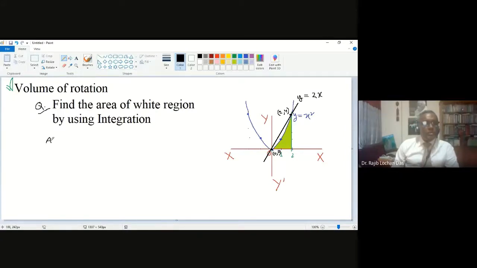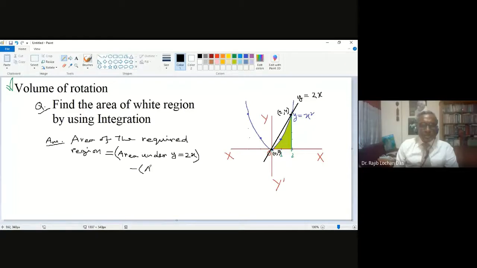ওইটা মাইনাস করেই করবা। So you will start the answer like, you will write, okay, area of the required region, মানে যেটা আমাকে বের করতে বলা হয়েছে, required region, এটা কি হবে? এটা হবে area under y equal to 2x, এটা বের করবা, and then minus area under y equal to x square. তো একটা থেকে একটা বিয়োগ করে দিতে হবে, তাহলে হোয়াইট পার্টটা আসবে.